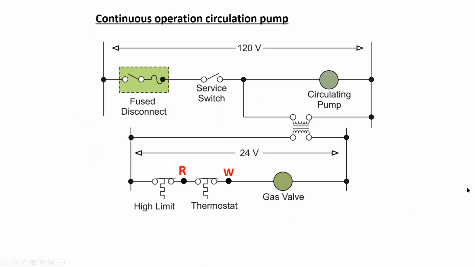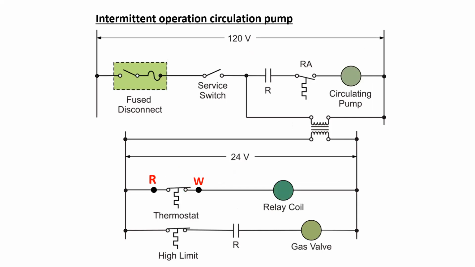This is simply one example of many different types of system designs. We could also have an intermittent operation circulation pump, which is the one that we looked at previously, where we have our aquastat that is turning on the circulating pump when the temperature has been reached.